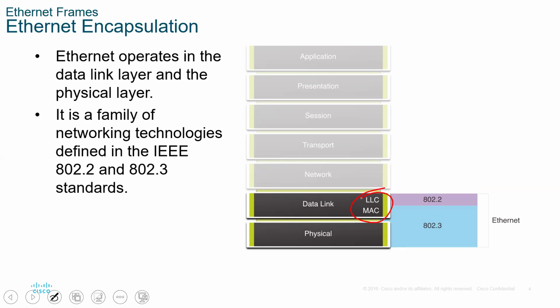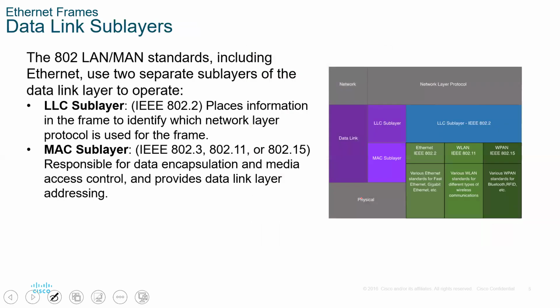And that's where the network interface card comes in. It is a family of networking technology that is defined in the IEEE 802 standards. When it comes to Ethernet encapsulation, it adds the header information, and we will look at the header information in the data link very soon.